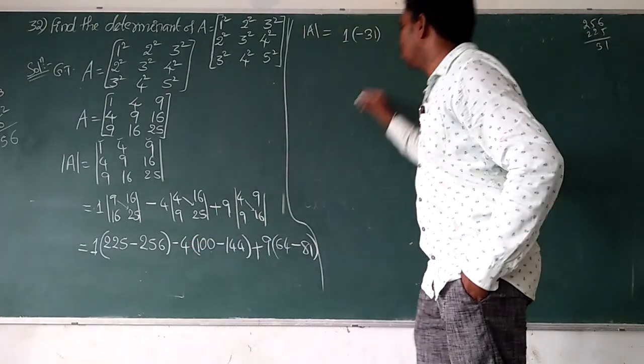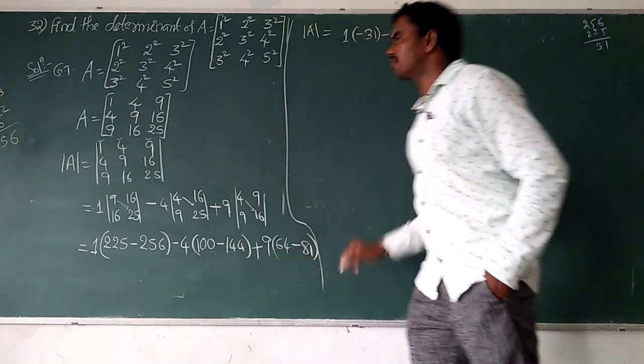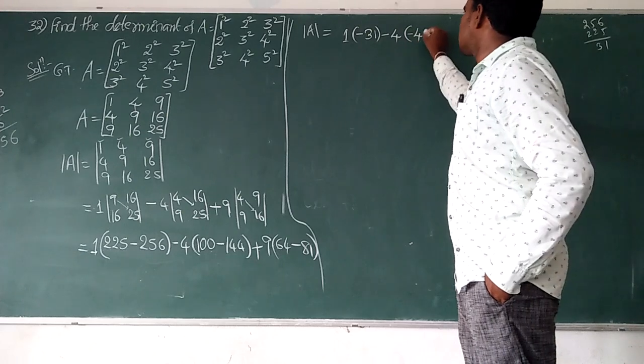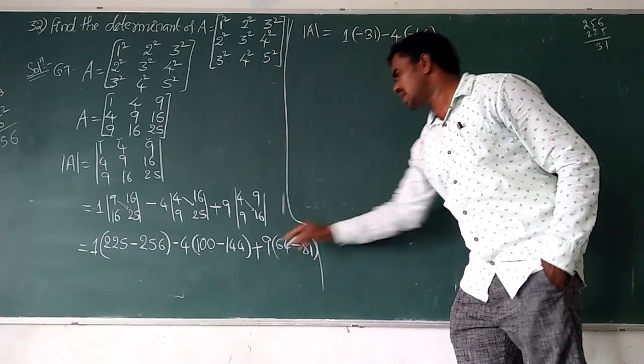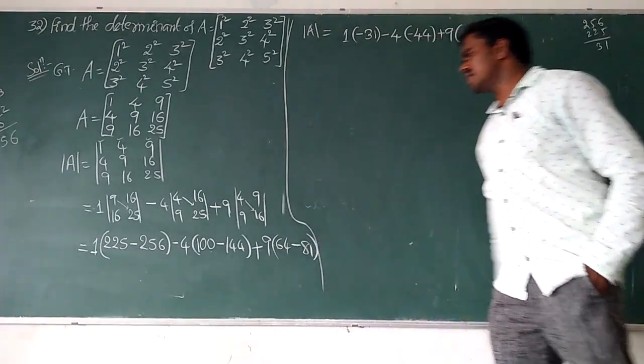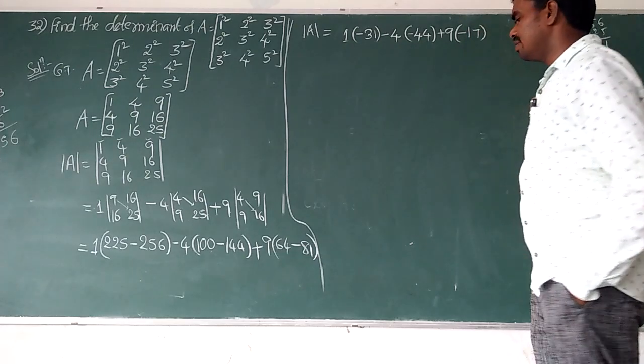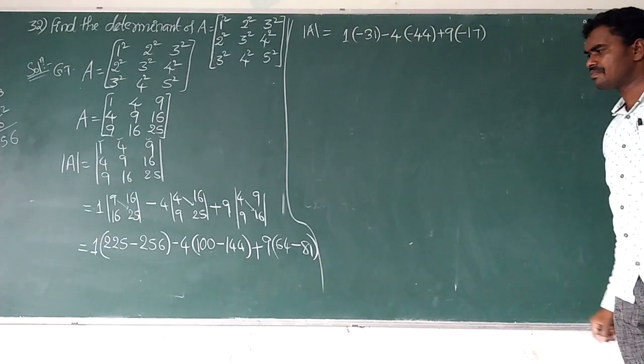Next, minus 4 into 100 minus 144 becomes minus 44. Next, plus 9 into 64 minus 81. How much? Minus 17. Okay?